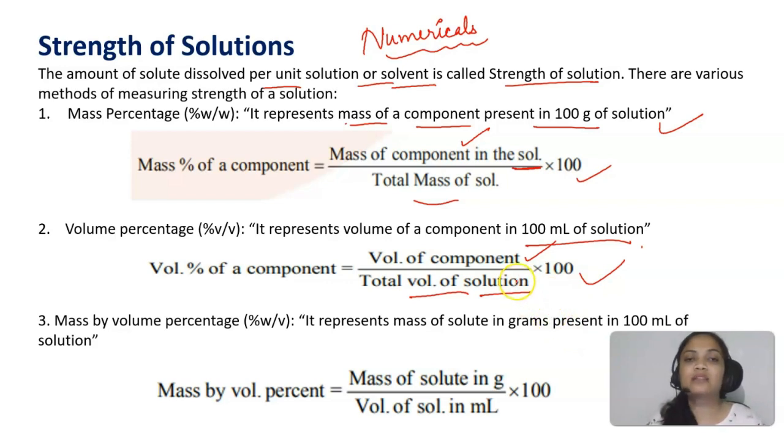Next is mass by volume percentage. In mass by volume percentage, again we will take how much mass of solute, in grams, is present in 100 ml of your solution. So mass of solute in grams divided by volume of solution in milliliters, okay, into 100. Fine, that will be your mass by volume percentage.